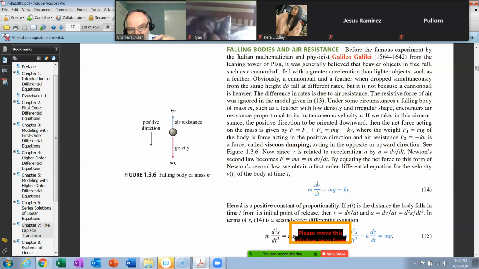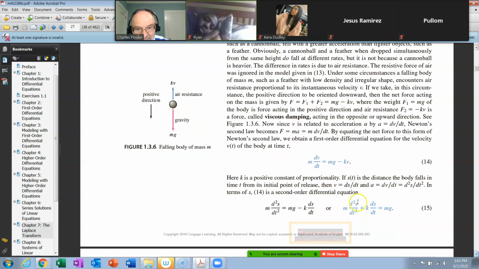However, if you wanted to make it dependent on displacement, come down to the next set of equations, because velocity is ds/dt, so this becomes m times d²s/dt², second derivative of displacement with respect to time, and that's equal to mg minus k times ds/dt, because that's what velocity is, ds/dt.